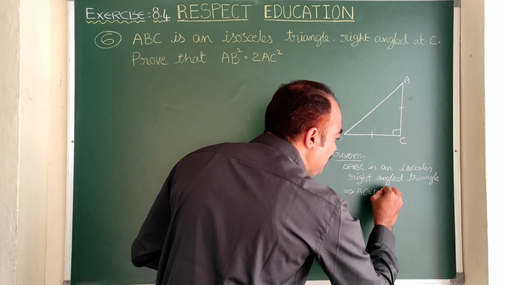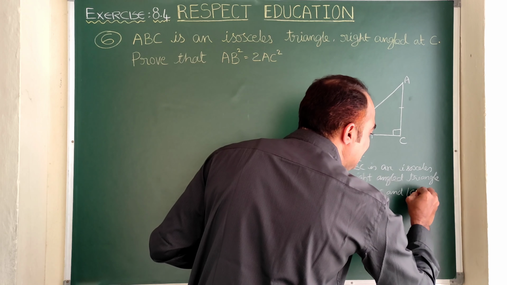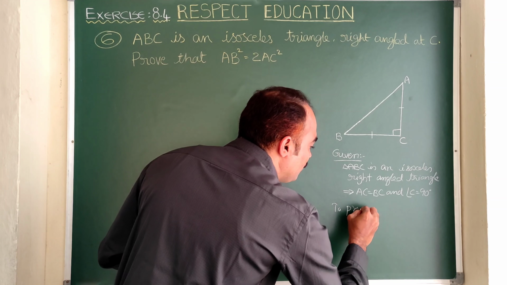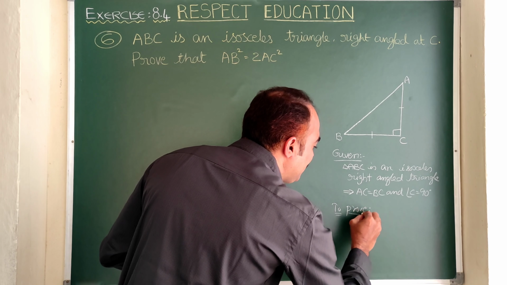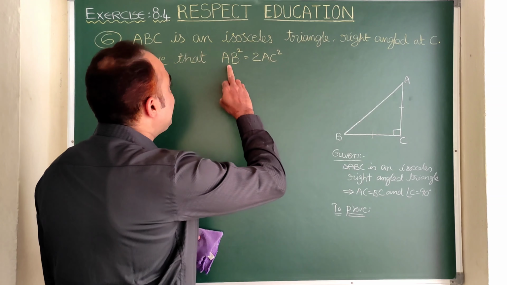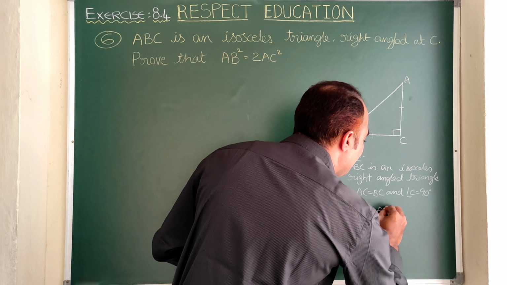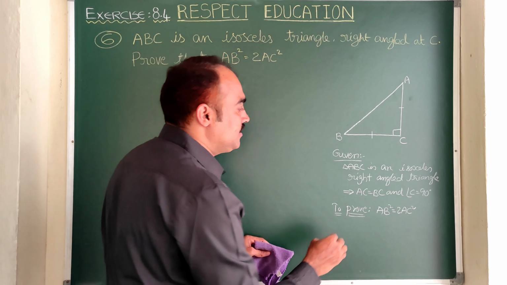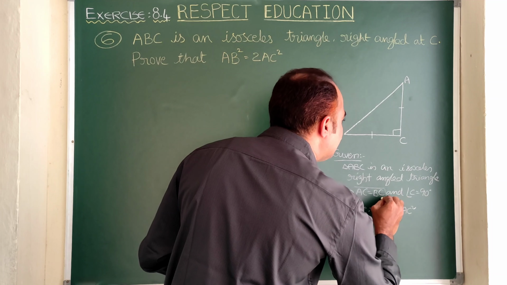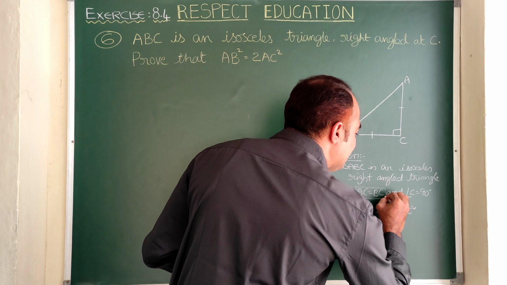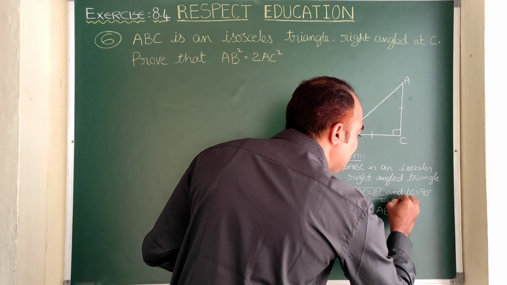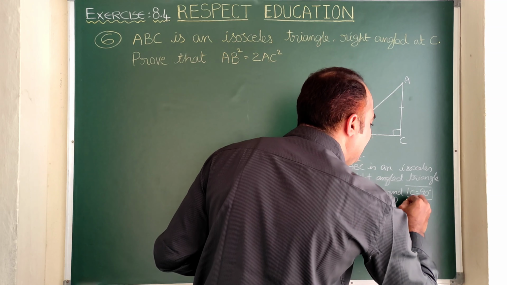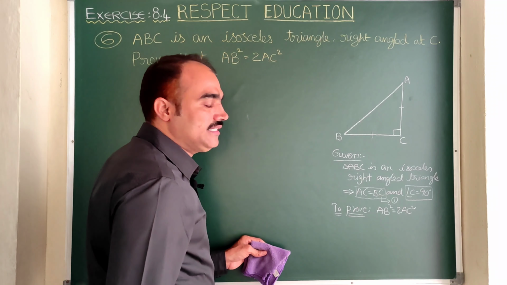AC is equal to BC and also angle C is equal to 90 degrees, right? Now here what to prove? Let us observe here what is to be proved. Prove that AB square equal to 2AC square. AB square is equal to 2AC square, right? So here let us consider AC is equal to BC, this as equation number 1. So in the further proof wherever it is required we may write it. And angle C equal to 90. Okay, so here this is what we need to prove.